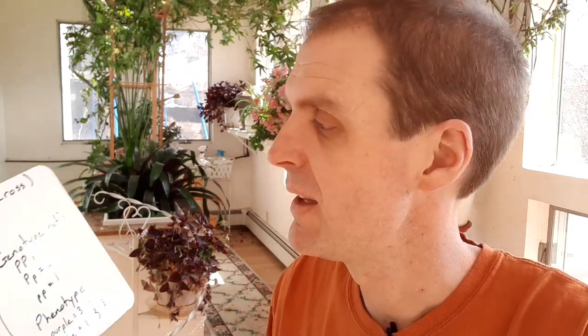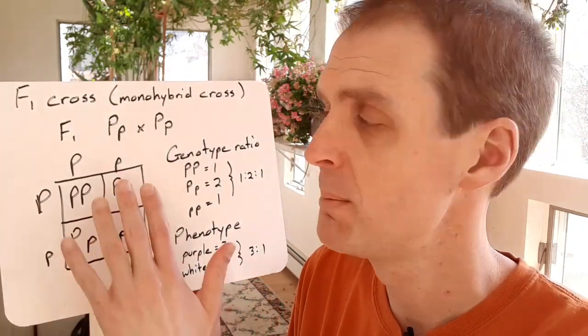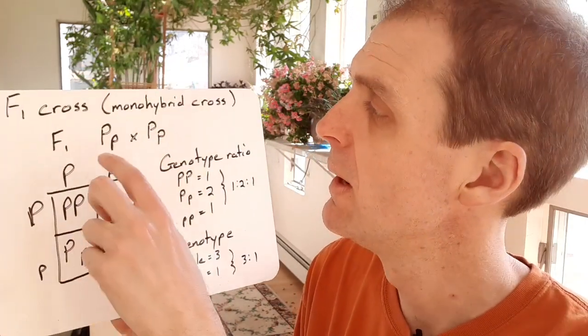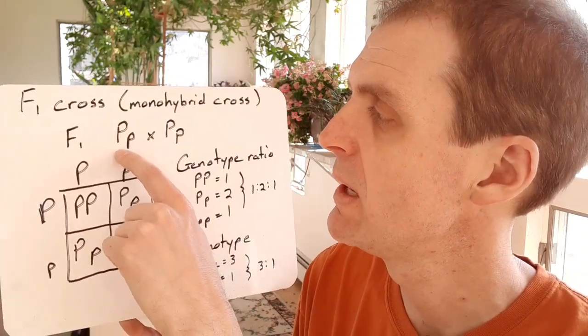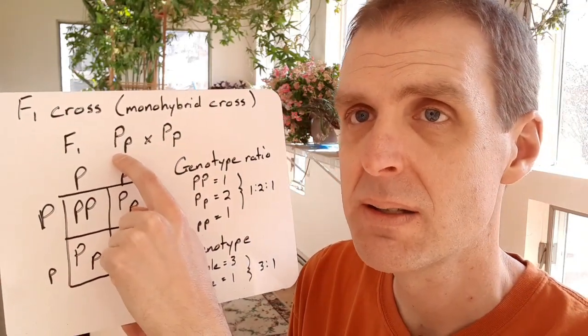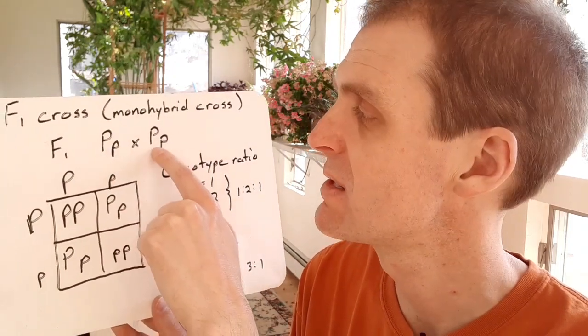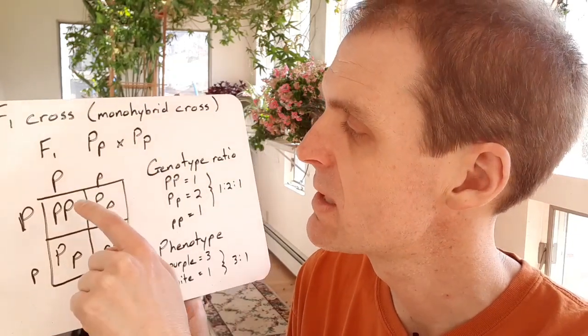Well, if you take those children of that first parental cross, the F1 generation, and you cross them with each other, then we end up with the F2 generation. And so our F1 generation is a cross between a heterozygous male and a heterozygous female, gametes, and then you cross those together.